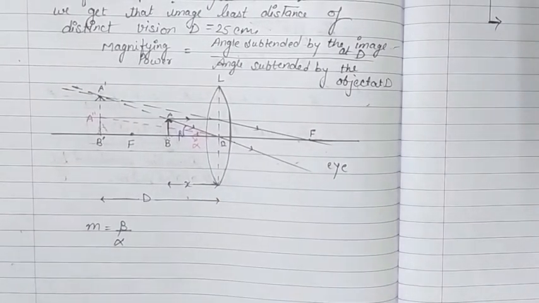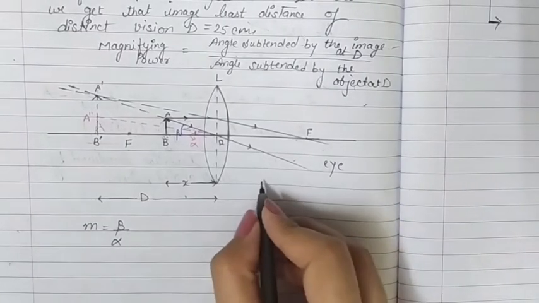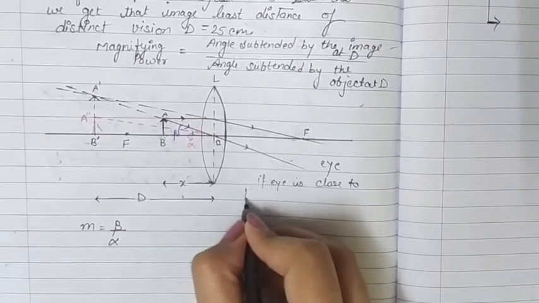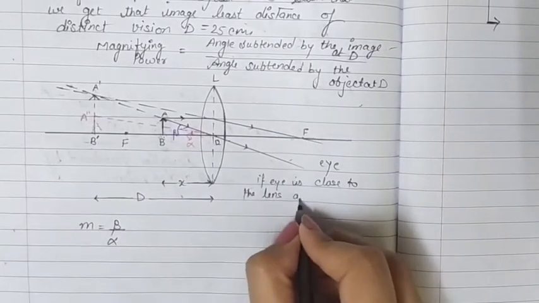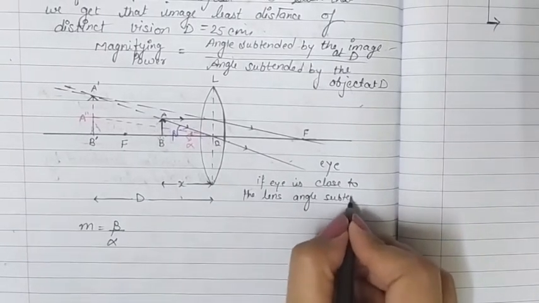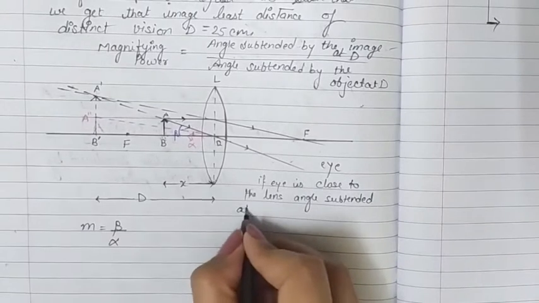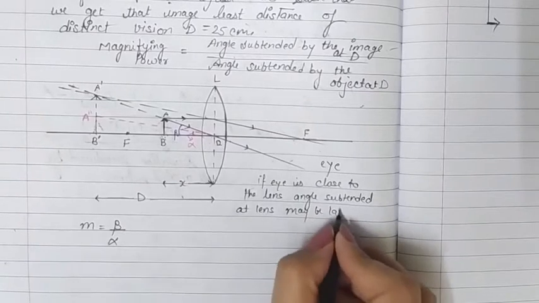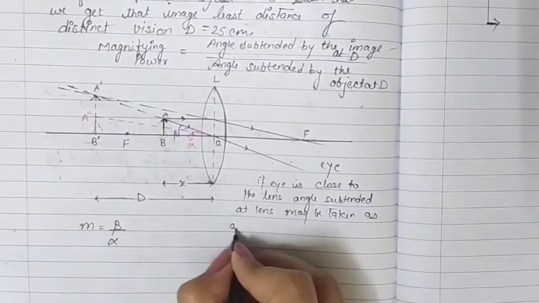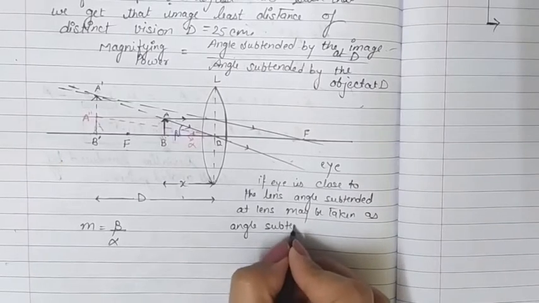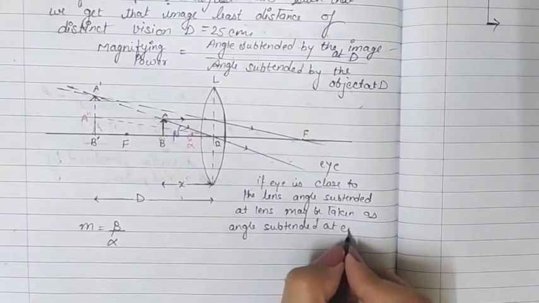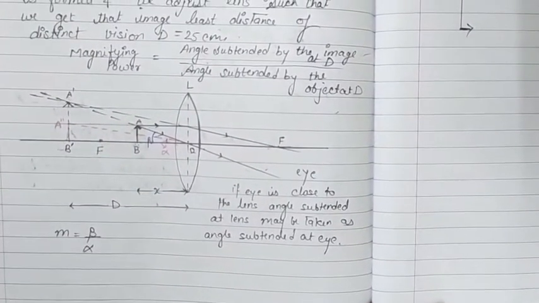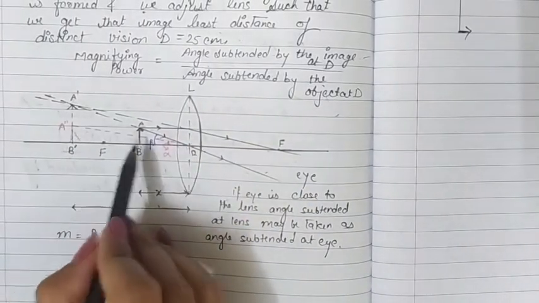So if the eye is close to the lens, angle subtended at the lens may be taken as angle subtended at the eye. This we are assuming. Now angle A dash O B dash is beta. Angle A dash O B dash is beta.